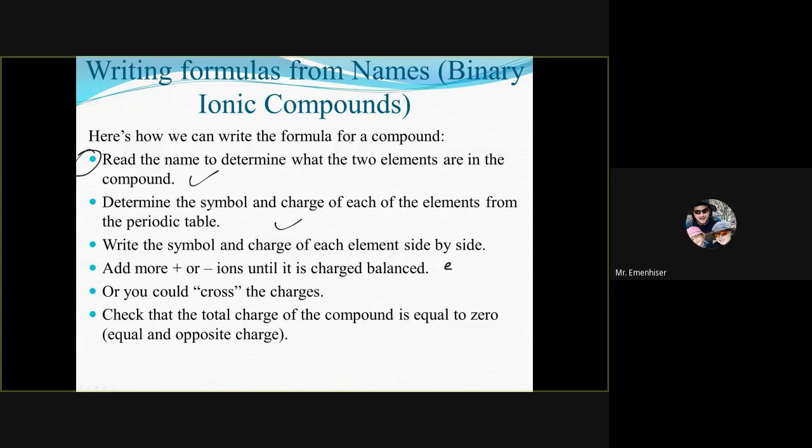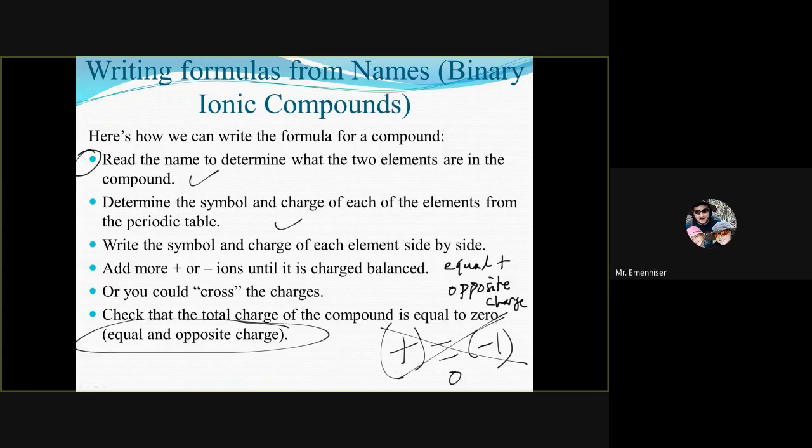That means equal and opposite charge for the total charge. The total positive must be equal to the total negative. If that's the case, it cancels out and makes 0. Or you could cross the charges, which I'll show you how to do. Check that the total charge of the compound is equal to 0, equal and opposite charge again.